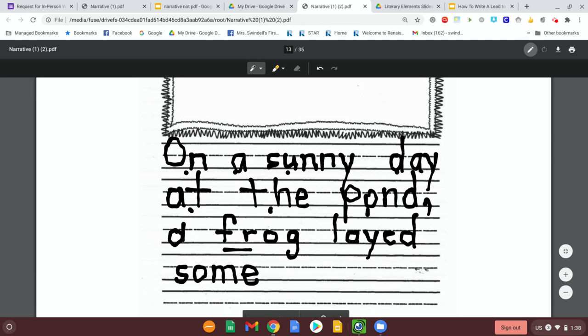A frog laid some eggs. All right, this is called a lead. Okay, a lead is not an important event. It's just capturing the reader's attention.